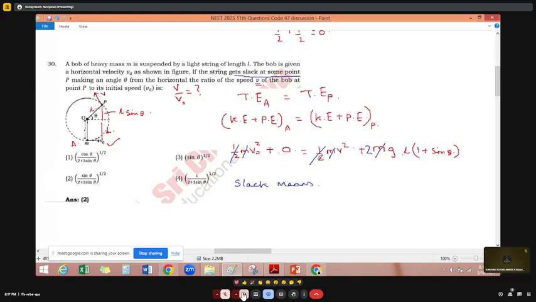If you don't know this, you cannot do this problem. So it just goes up to this point and then it will fall down. It will not make this thing. But maybe it has got some very little velocity.